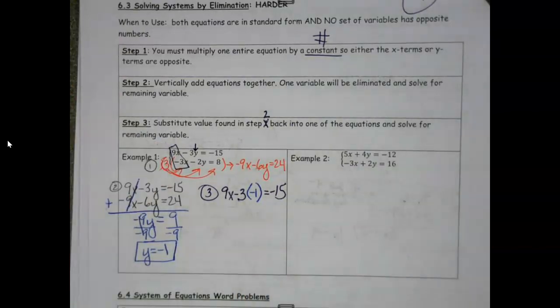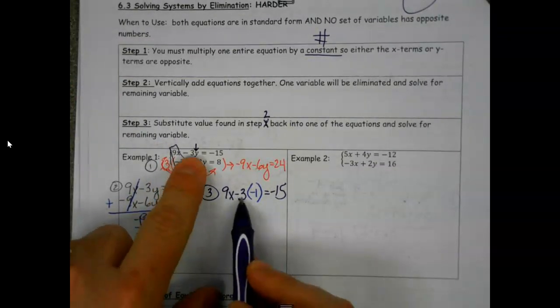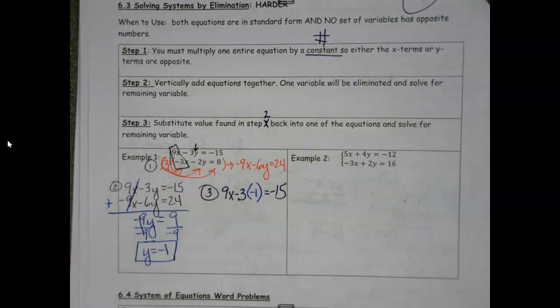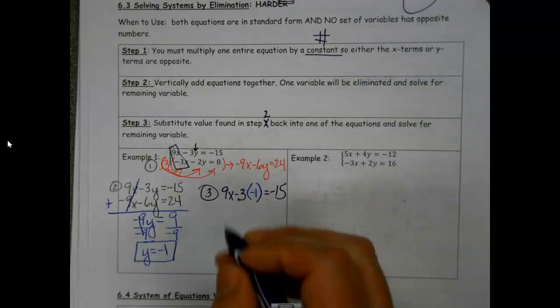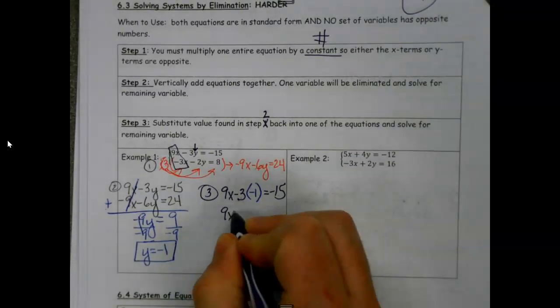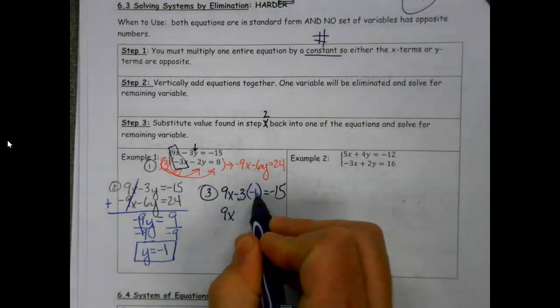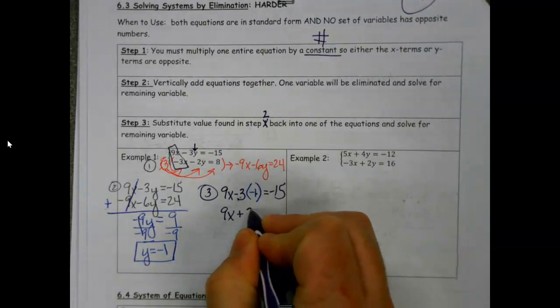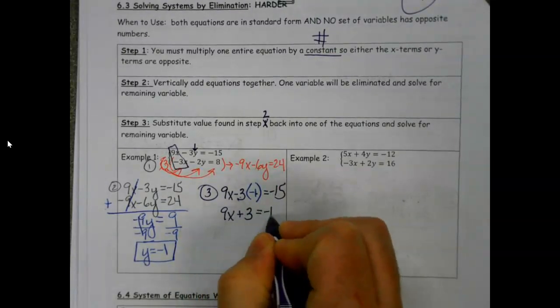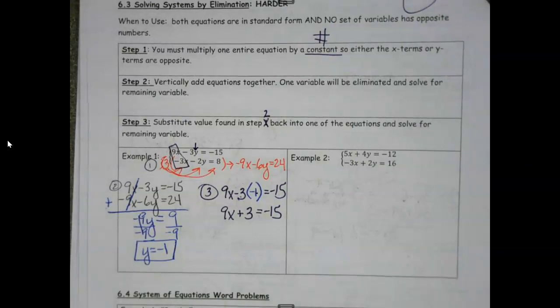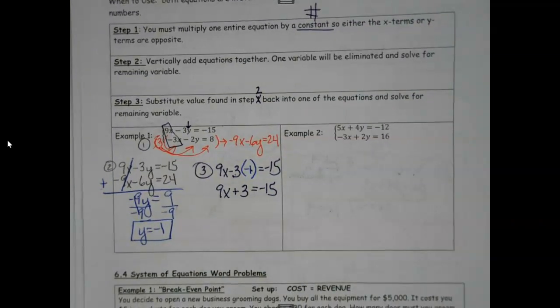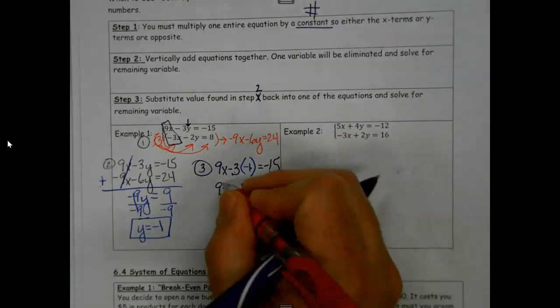Everything else, the 9x, the minus 3, the negative 15, they all stay the same. We just replace the y value because now negative 3 times negative 1 is positive 3. And now we're back doing first semester Algebra 1 things.